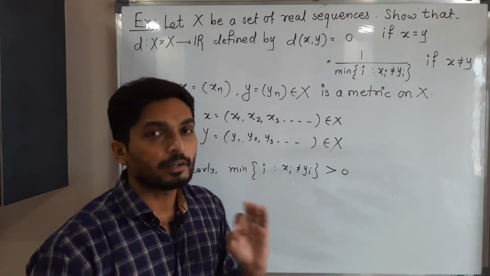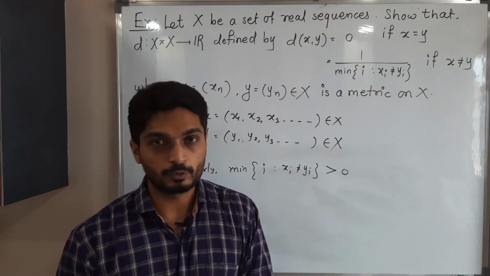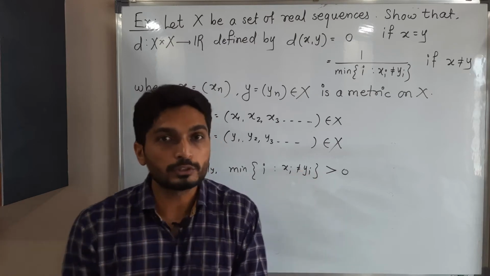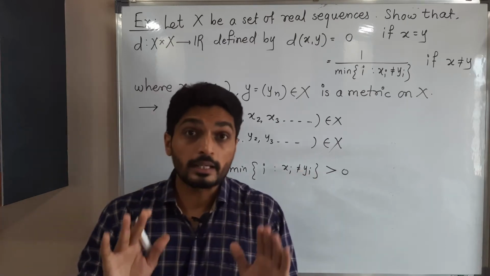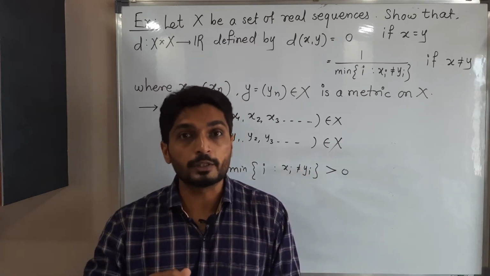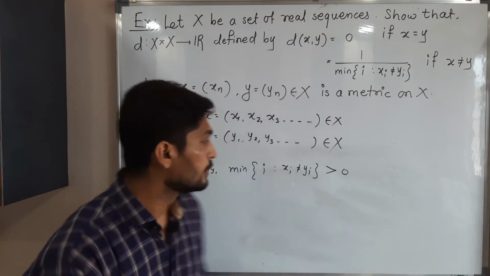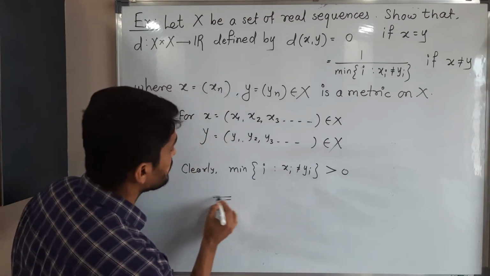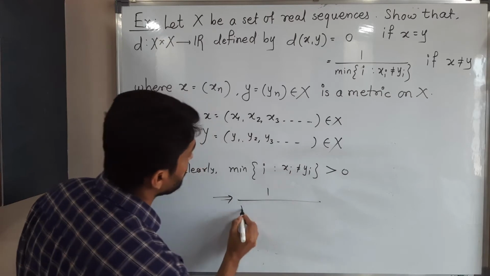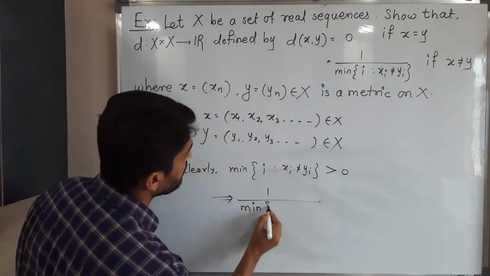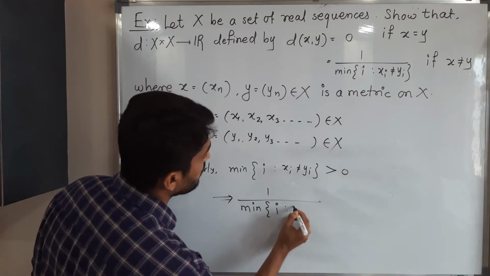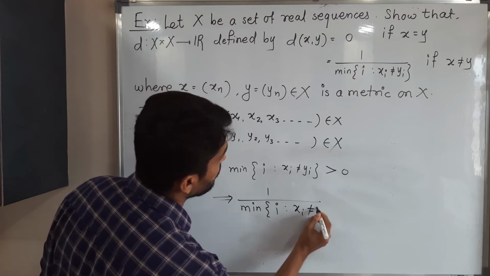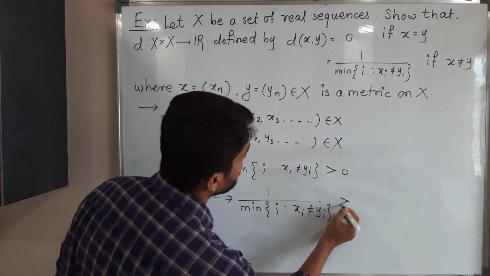So it will be 100% greater than 0, right? Greater than 0 means positive. If I take the reciprocal of any positive number, then also we will have a positive number. So I can write 1 upon minimum of i such that xi is not equal to yi is also greater than 0.